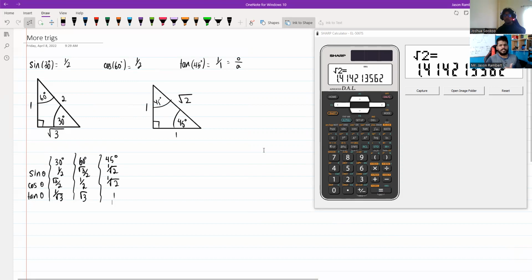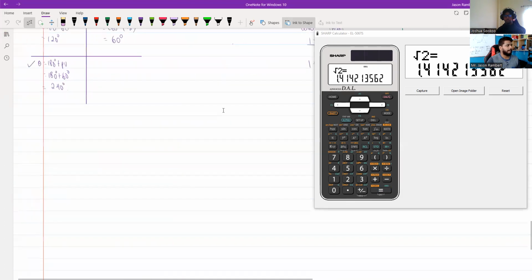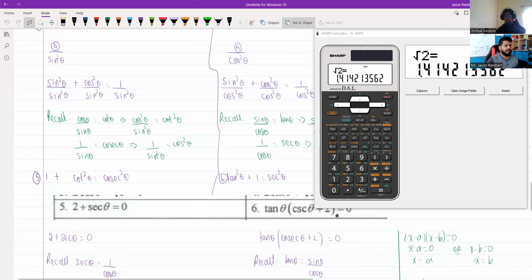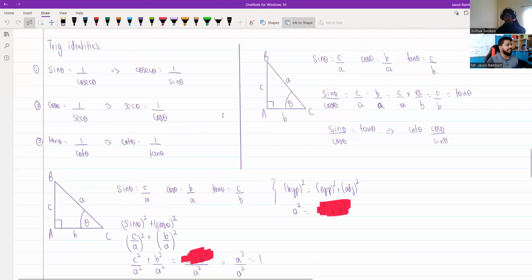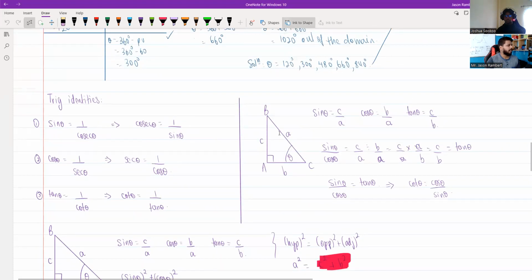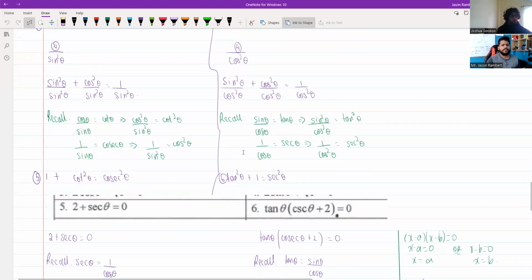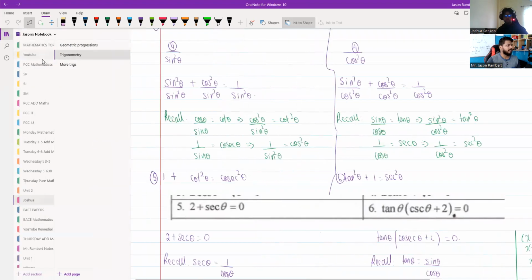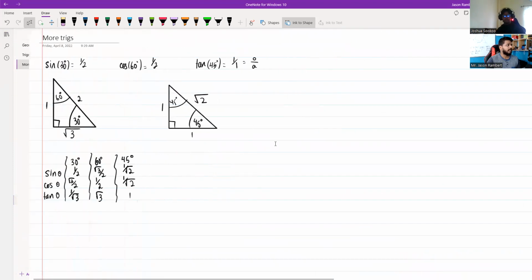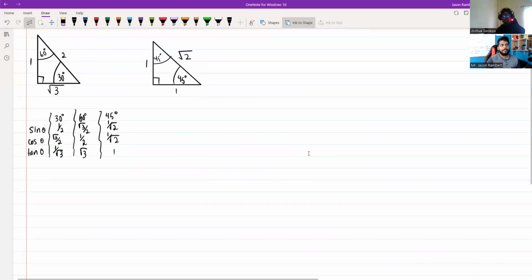Now, what is the point of all of this? We'll see. Apart from having our identities 1 to 3 and with big identities 4, 5, and 6, we have other identities that we need to deal with. And the other identities are called double angle and compound angle formulas.